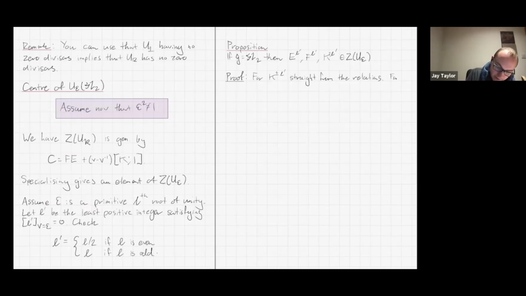So for E^l' and F^l', use the prior commutator relations and the defining property of l'.